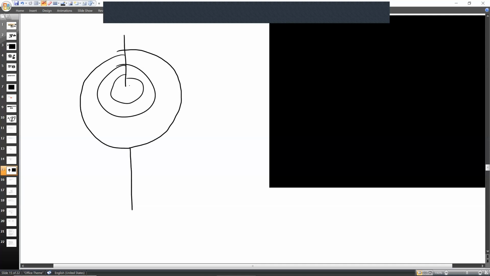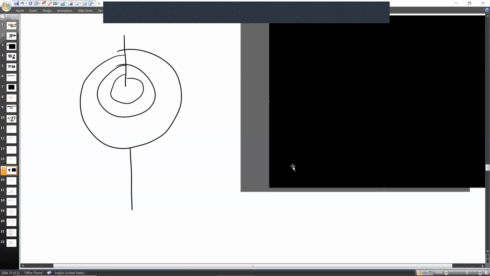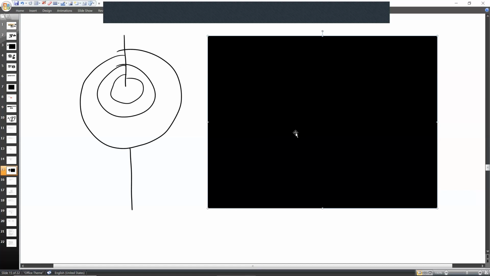What are concentric circles? Concentric circles are circles which have the same center. Got it? So this experiment is going to show you how we know that the magnetic field lines of a current carrying conductor are in the form of concentric circles.